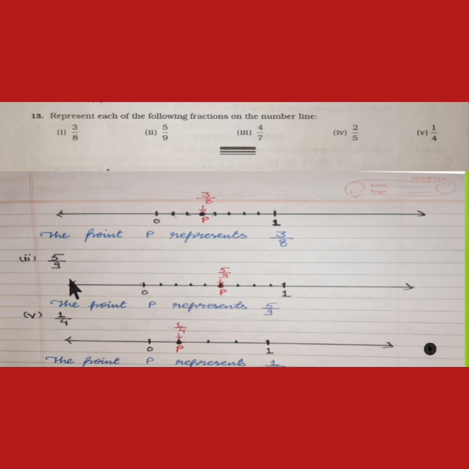Then we count the fifth part because we are representing 5 upon 9. So 1, 2, 3, 4 and this one, 5, is 5 upon 9. So point P represents 5 upon 9.